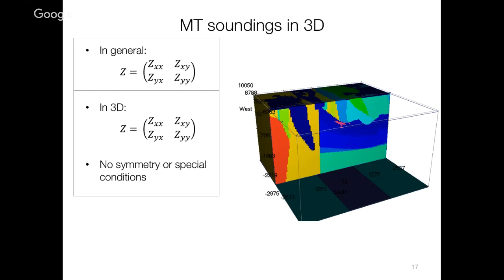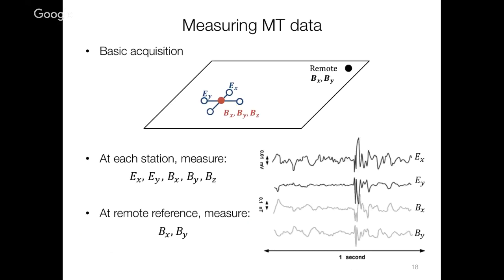So when you go to 3D, again, no special symmetry, no special conditions. You just have to work in 3D. Let me make a comment about the data measurement, just to give you at least an idea of what's going on here. So here's your problem.